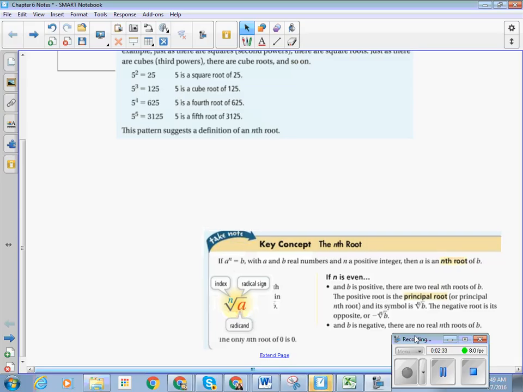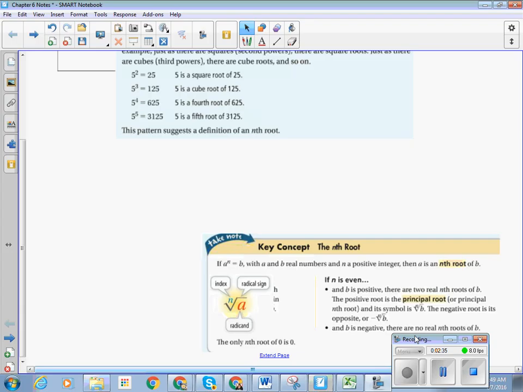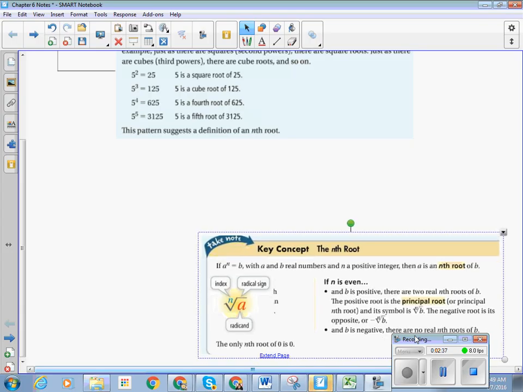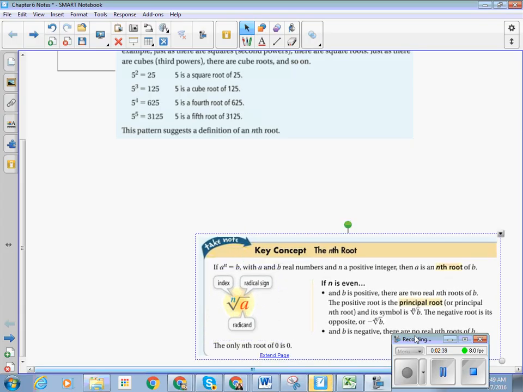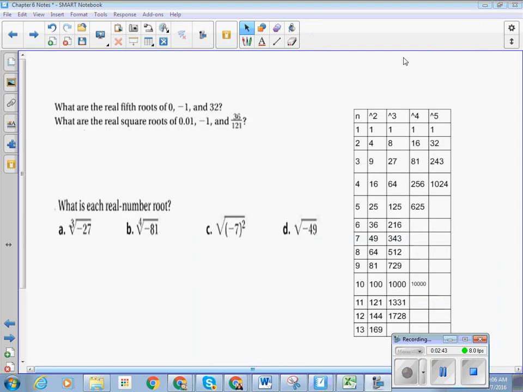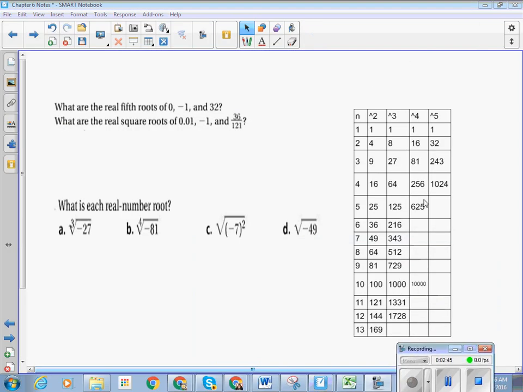And then this is the radical sign. Okay, so for those of you at home watching this recording, make sure you write this chart down on your note paper.